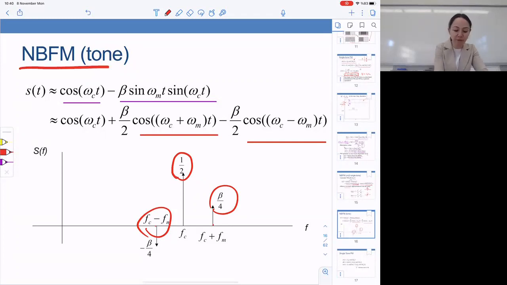So narrowband FM is almost equivalent to conventional AM. Since it's equivalent to conventional AM, obviously then it does not come with the noise immunity and efficiency properties.